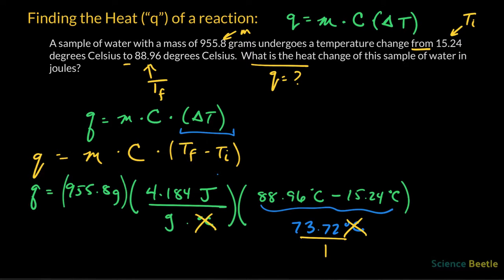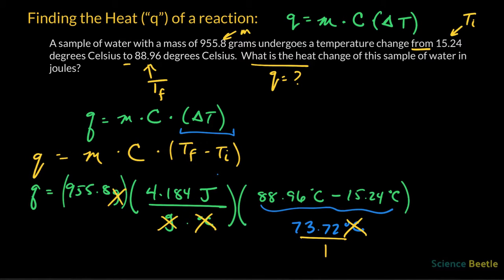Now, on the other side of things, we'll notice that the grams here are going to cancel with the unit of grams here, so we can cancel that out right now. And notice if we have all of this left over, the unit that we have at the end is going to be joules, so our final answer should be in joules.